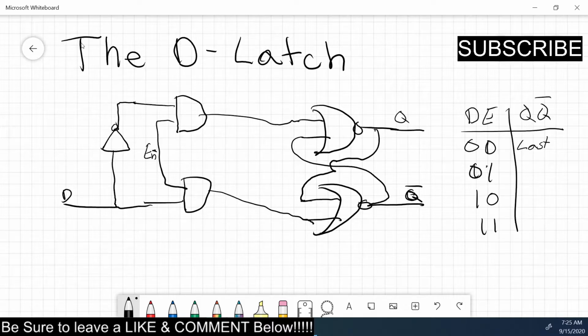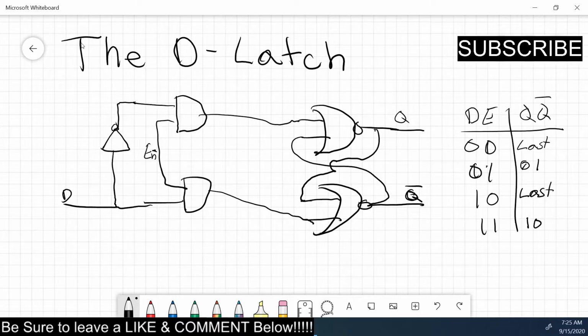If you have a 0 on D and a 1 on the enable, it's going to reset it if it's not already reset. If you have a 1 on the D input and a 0 on the enable, it's going to be the last state. And then if you have a high and a high, a 1 and a 1, you're going to get the set function. So that is your truth table.